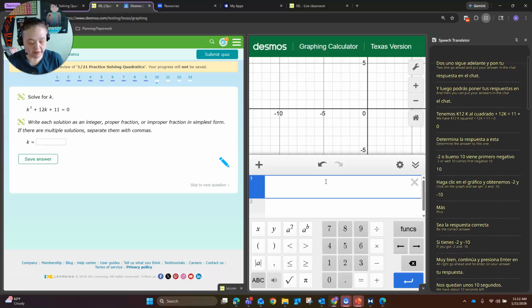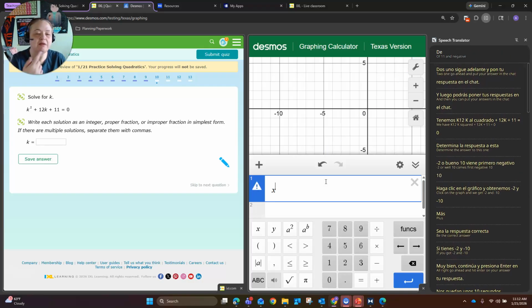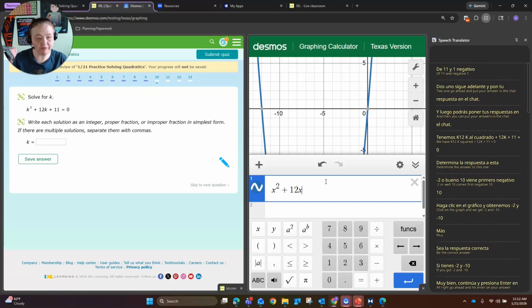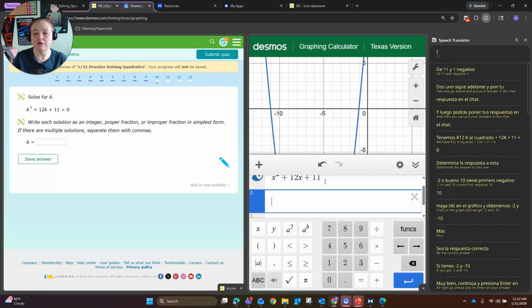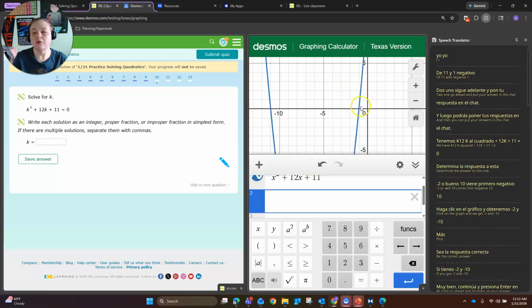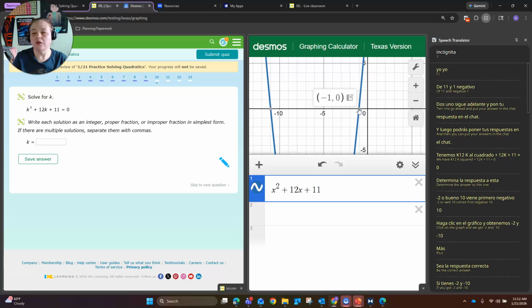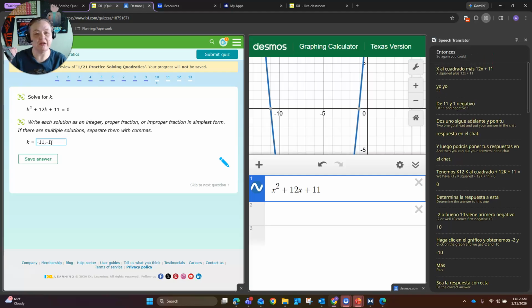Sounds right. Let's look. I did it last class, so don't forget. x squared plus 12x plus 11. Okay. Negative 1 and negative 11. So again, you could graph it. Make sure you're changing them to x's if you didn't already.